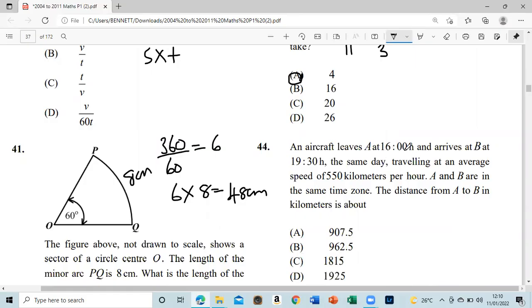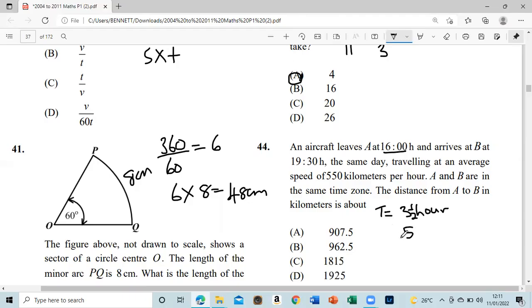From 16 to 17, 18, 19:30. So that's 3.5 hours. So the time is 3.5 hours, and the average speed is 550.